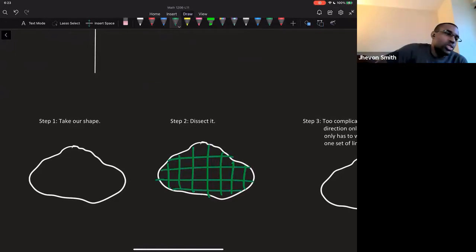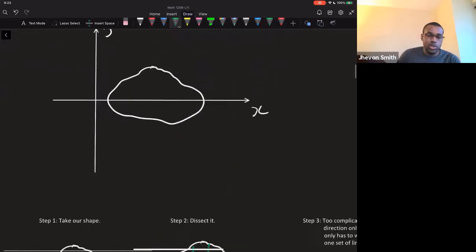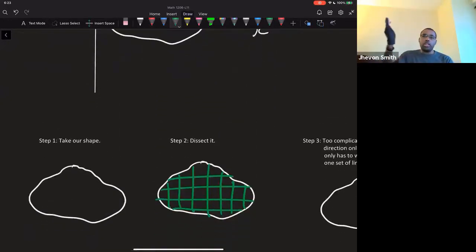And then you're going to realize that's kind of going to be annoying if I'm putting it on the XY plane, because each vertical line is going to represent some x value and each horizontal line is going to represent some y value. So now I have to keep my eye on both the x and the y at the same time. It's like I have two independent variables.